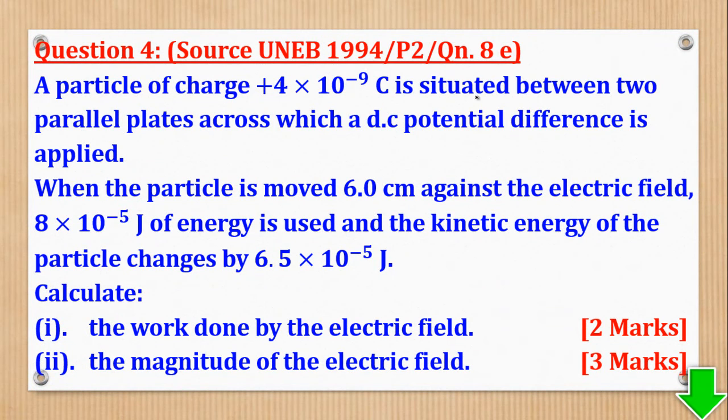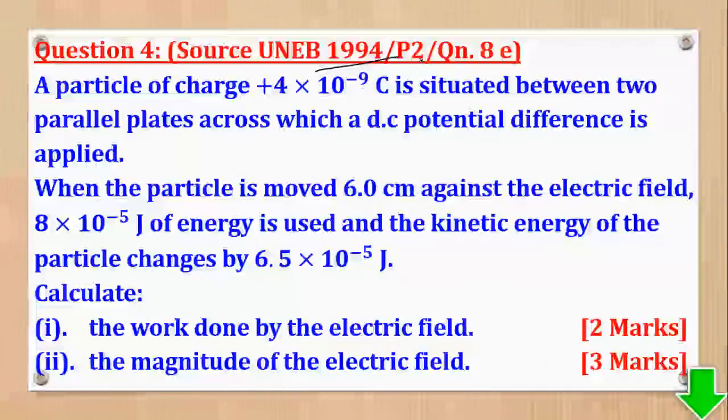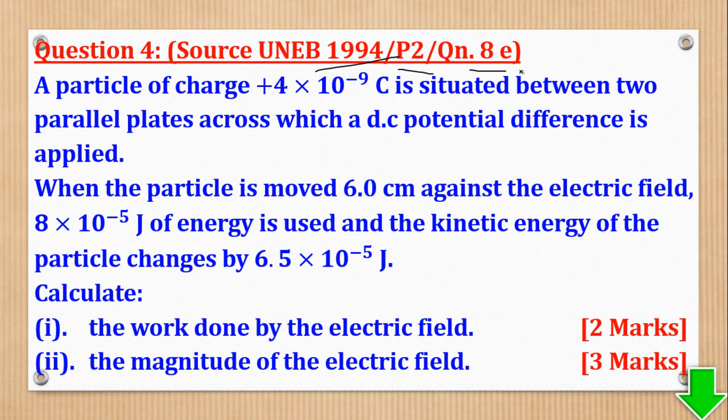Then question 4 came from UNEB 1994, paper 2, question 8e, and it says a particle of charge positive 4 exponent negative 9 coulomb is situated between two parallel plates, across which a DC potential difference is applied.